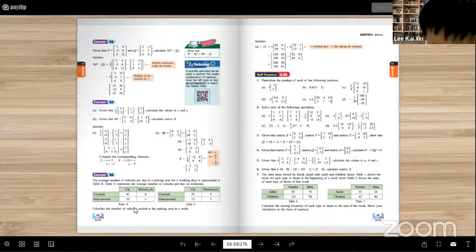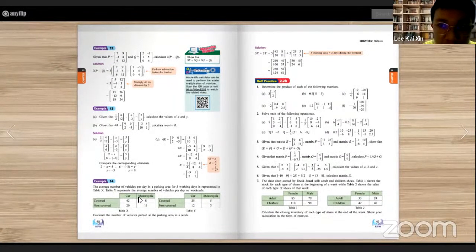It's the same. They give you table X. Hopefully you can use your phone to zoom in. I will open another file. It needs some time.